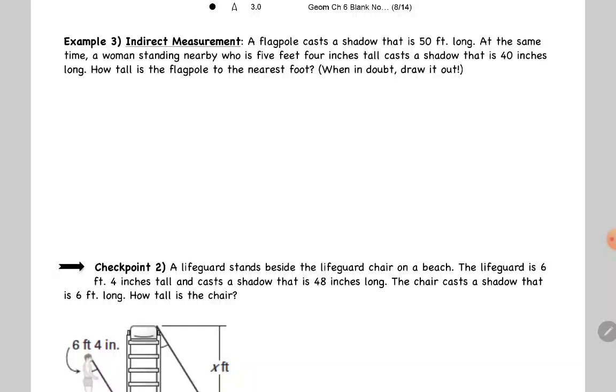Alright, a flagpole casts a shadow that is 50 feet long. Okay, so here's our flagpole, and it casts a shadow that's 50 feet long. At the same time, a woman standing nearby who is 5 feet 4 inches.